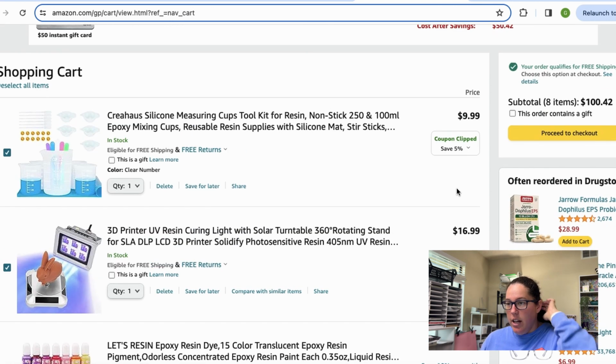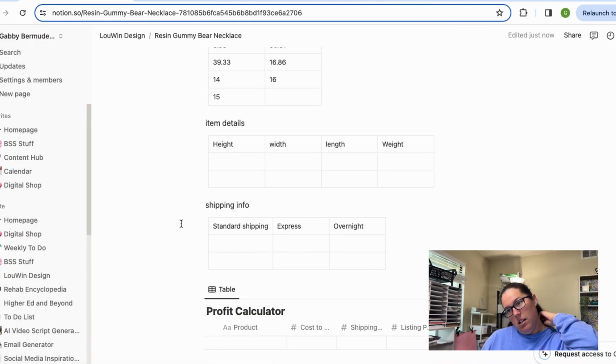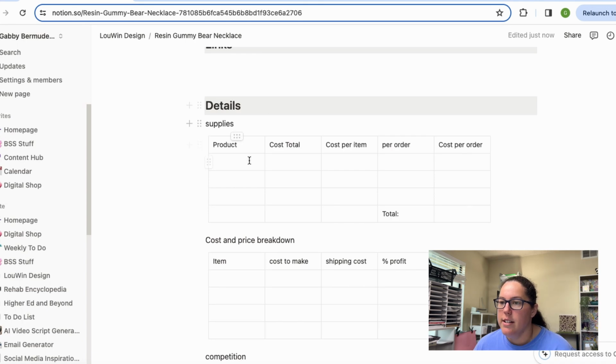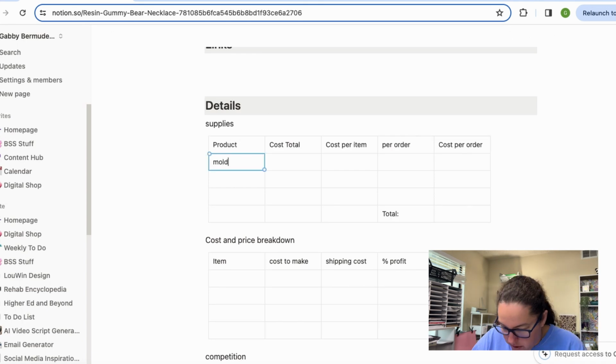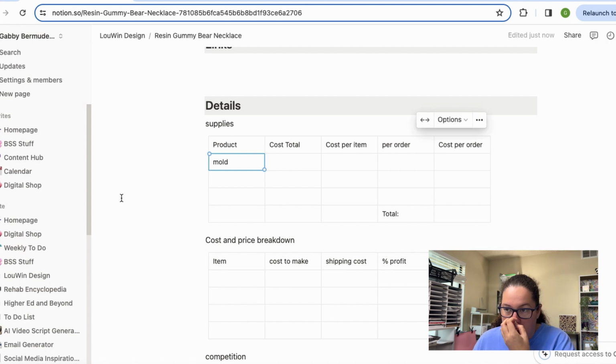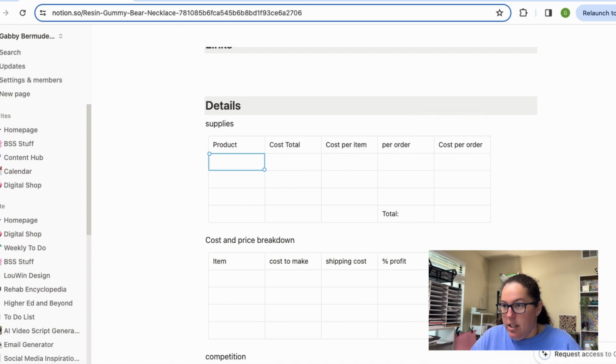And so next what we do is we'll add it to my Notion. So cost and price, so supplies. So product, basically, so let's do the mold. And then I have the resin, and then the dye.